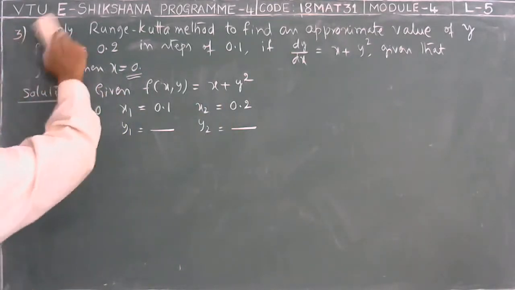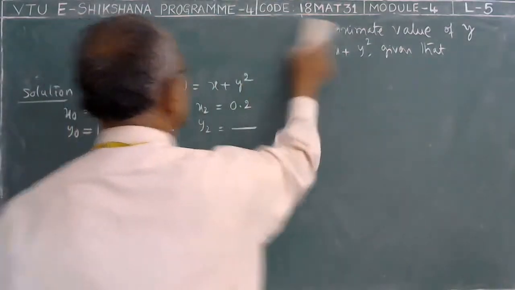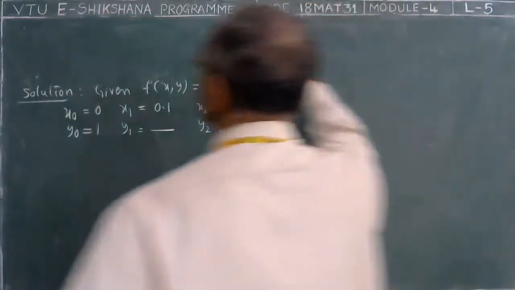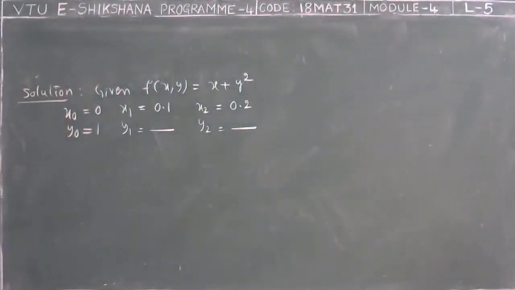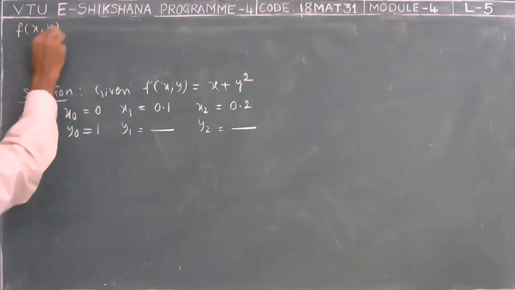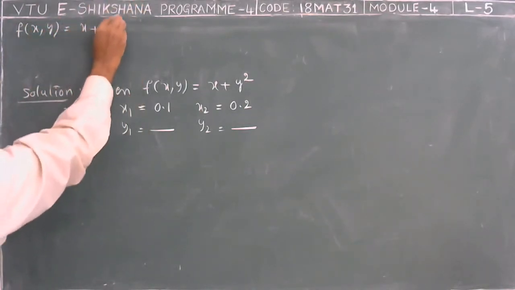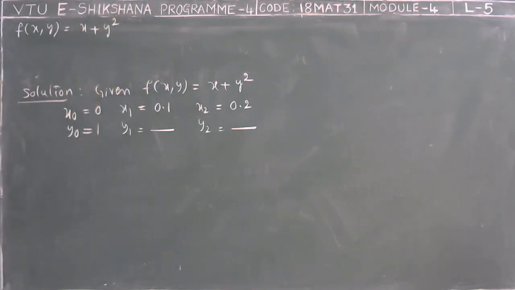Let me write the data here and then continue applying the method for this problem. f of x comma y is given to be x plus y square, a very simple definition of f of x comma y.